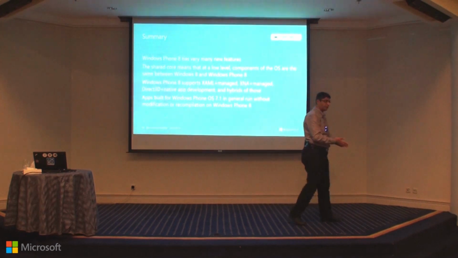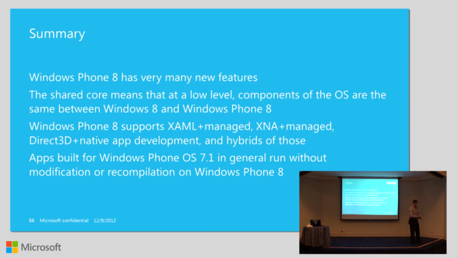We saw the different templates that were available in Visual Studio that allowed us to develop not only XAML, C# and VB kind of applications, but we can use XNA, we can use Direct 3D, we can use C++ to create runtime components that we can leverage in our XAML and VB applications also.